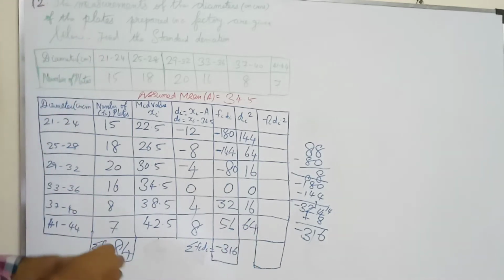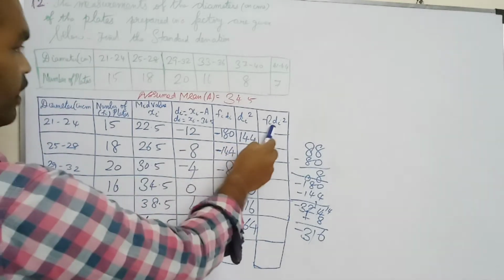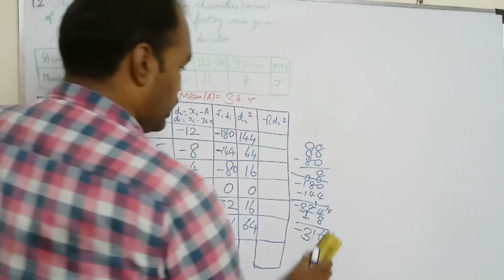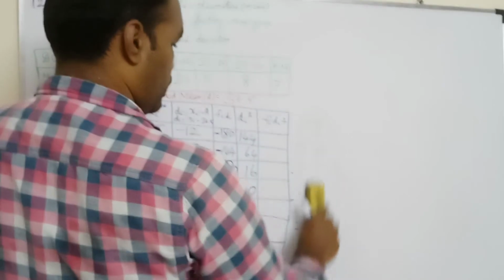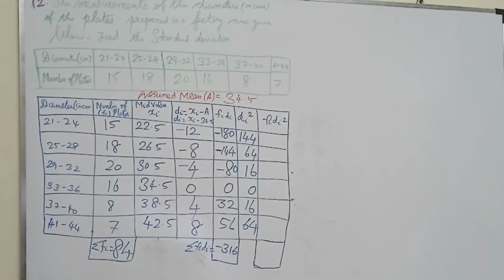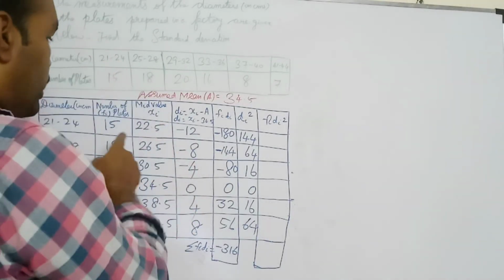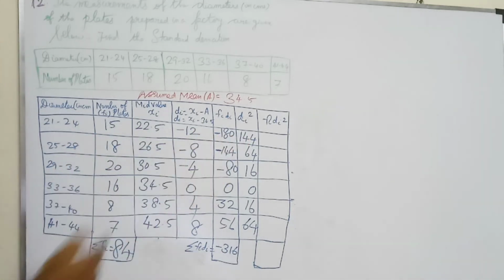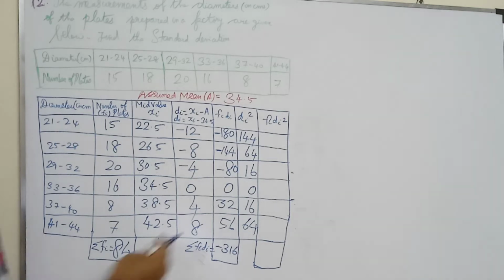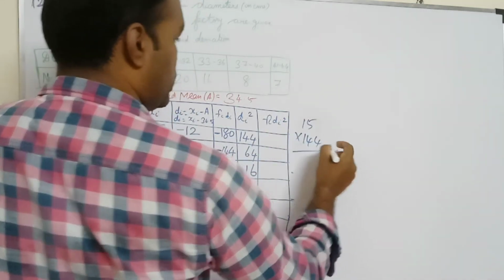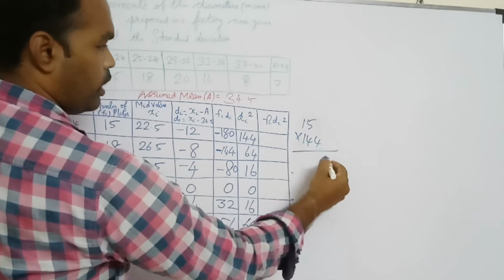Now Fi di square. This Fi into di square. We need to do the calculation of Fi di square. So Fi di square is, Fi is how much? 15. Di square is 144. So 15 into 144 how much? 5 4s are 20.